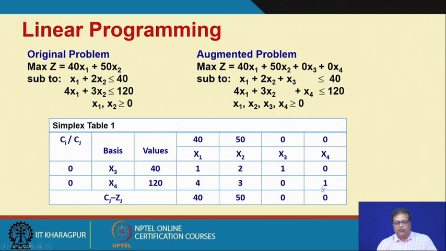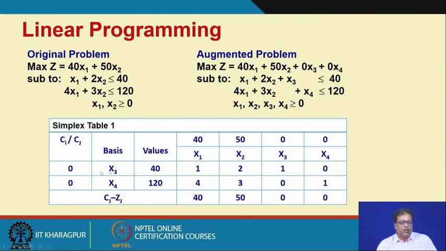And then we write, look here, there is a unity matrix here with the slack variables and the coefficients, and we write the Cj minus Zj values. You see that the Ci values, that means the 0 and 0, are the profits associated with x3 and x4, and 40 and 50 are the profits associated with x1 and x2.